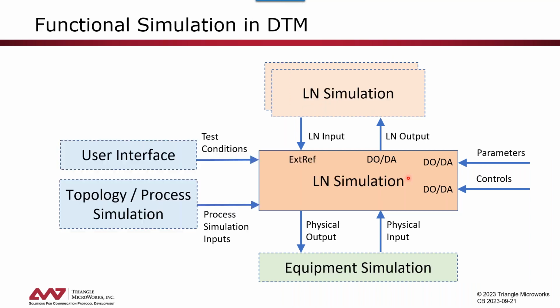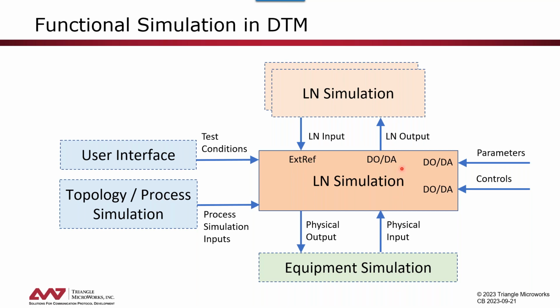We have elements that simulate individual logical node behaviors, but we also have elements that simulate conducting equipment, like a breaker or a switch. It simulates the opening and provides the feedback to the logical nodes that interface with it.